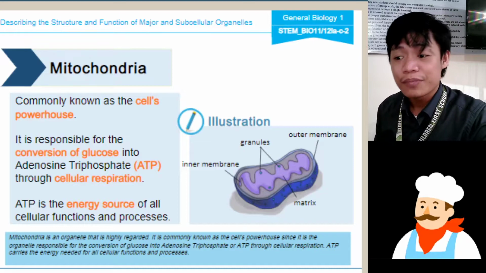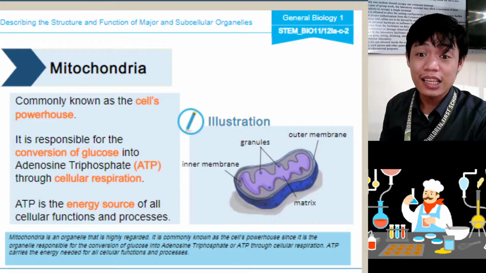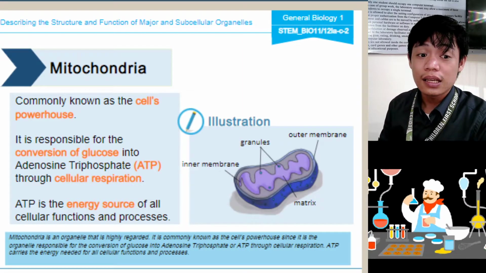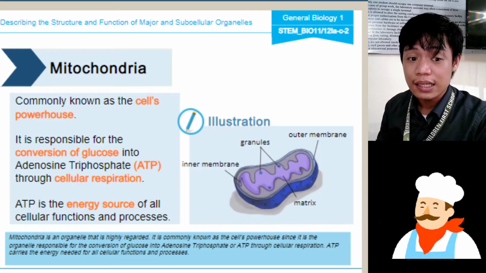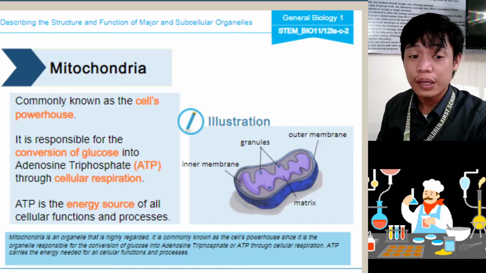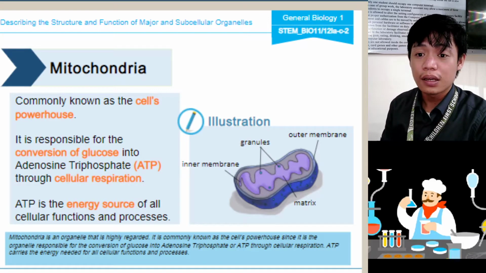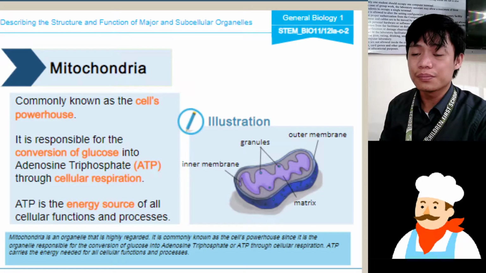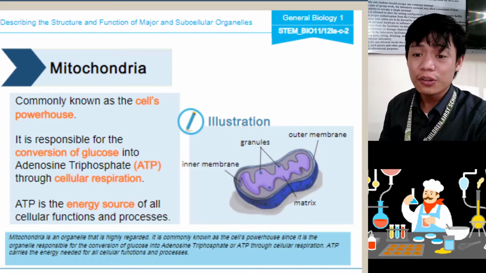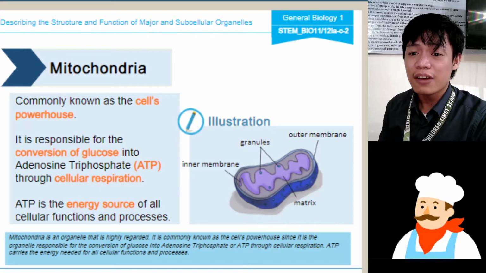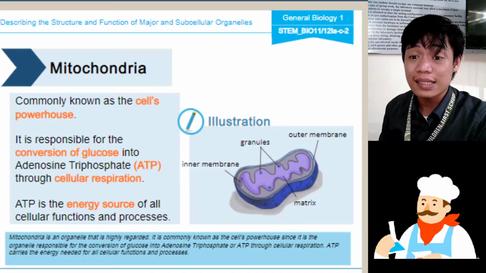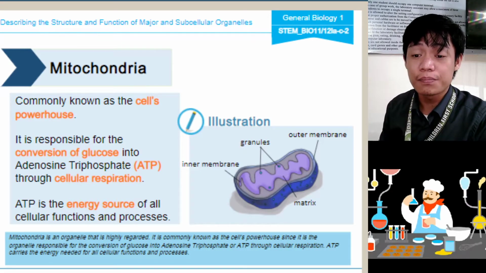But in the cells, the mitochondria is the powerhouse because it produces adenosine triphosphate through the process of cellular respiration. So the cell would never live without the mitochondria, because the mitochondria serve as the energy-giving part.